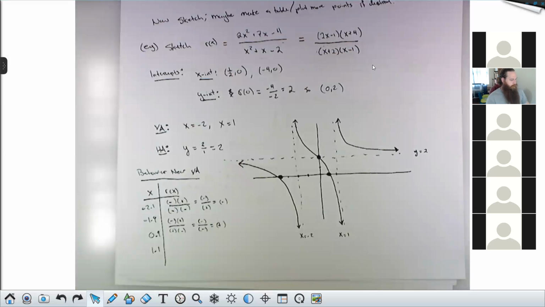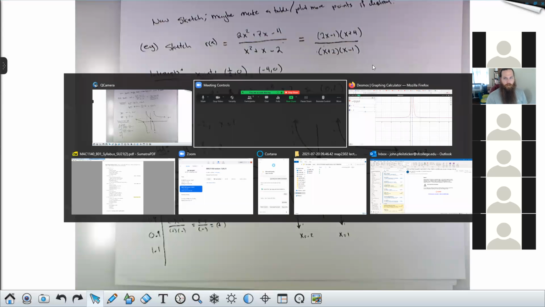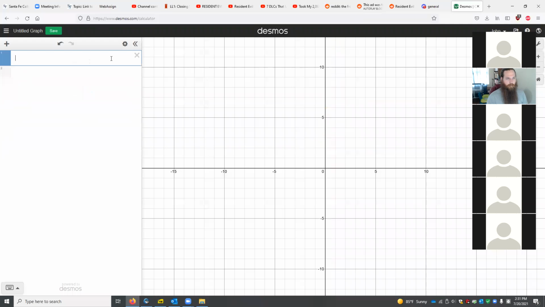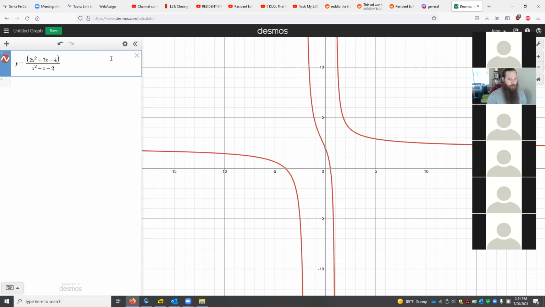Just for fun, let's look at this in Desmos. Couldn't hurt. We had (2x squared plus 7x minus 4) divided by (x squared plus x minus 2).